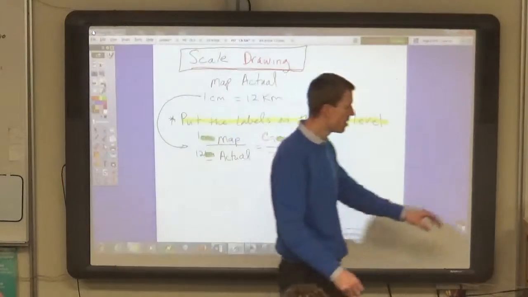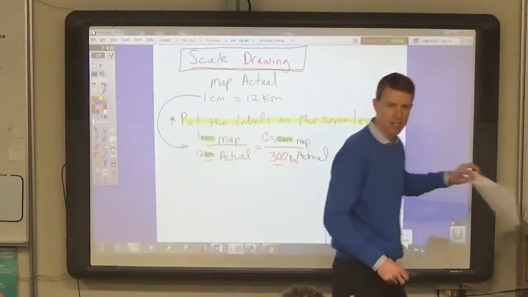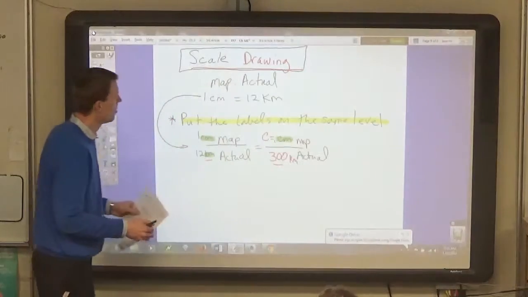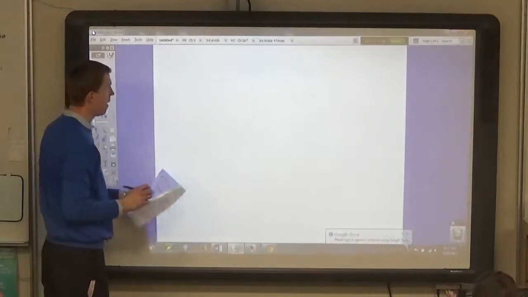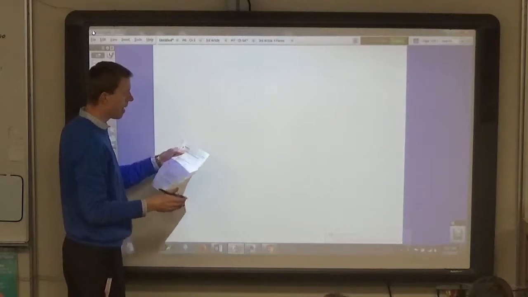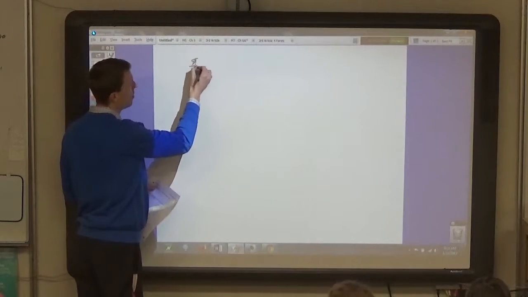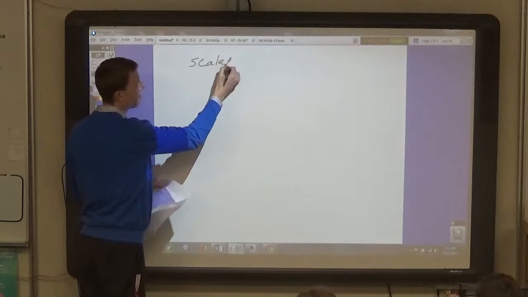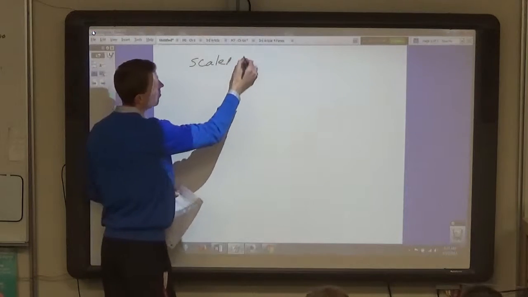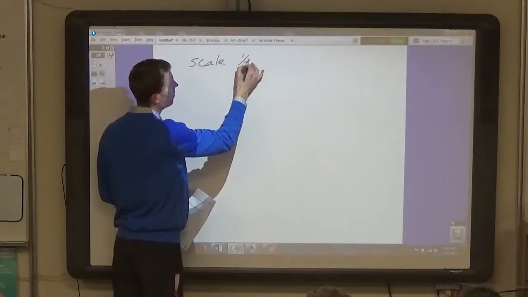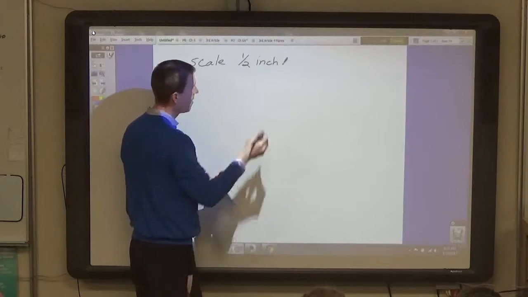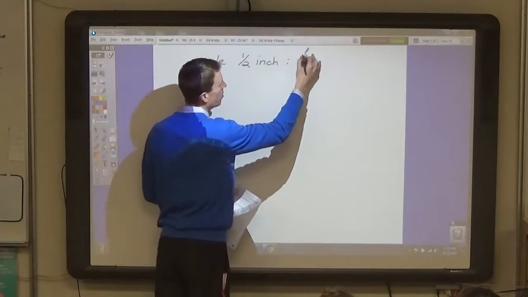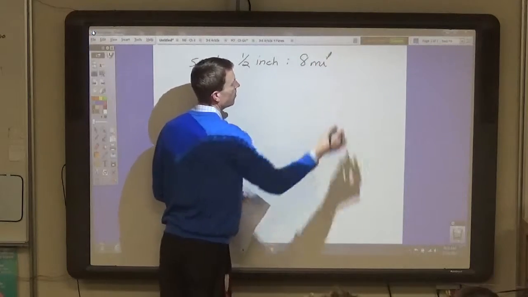So, the first section on your worksheet lists this. In that case, they have a scale map that says the scale is 1/2 inch, and that is equal to a ratio of 8 miles.